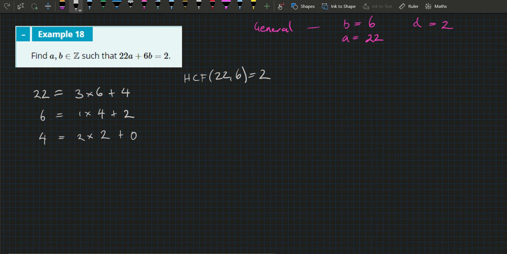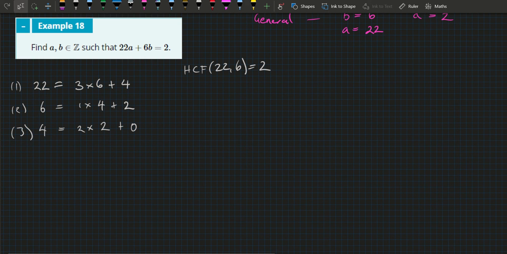But let's go backwards. Okay, so I'm going to call these equations 1, 2, so on and so forth, and 3 is our final one. The reason I'm using equation 2 is because this finishes with a 2, right? So from equation 2, if you just rearrange it, 2 is equal to 6 minus 1 times 4. Okay, and then we can go up to the previous equation.